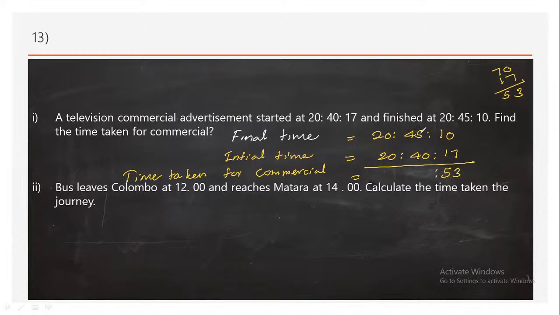Then here remaining 44. 44 subtract 44, 0. 4 minutes and 53 seconds. It means we can write the answer here. 4 minutes and 53 seconds.